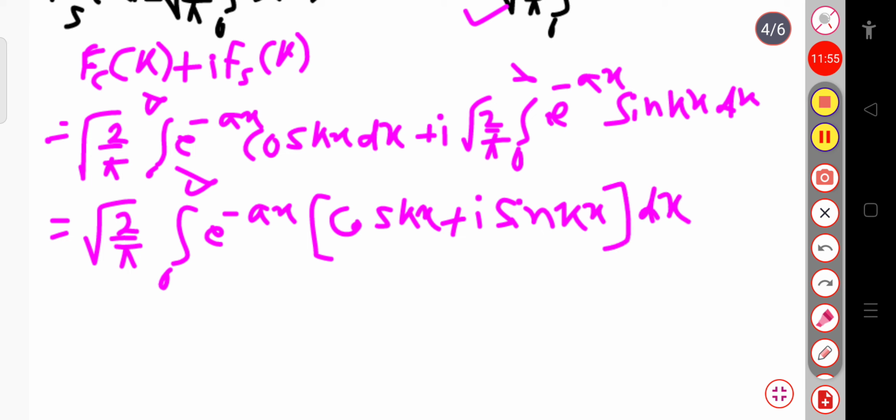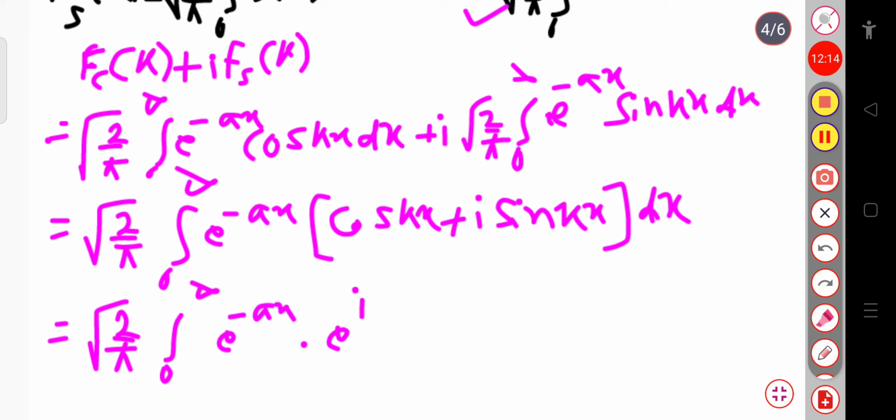So this bracketed term is nothing but exponential iota kx. So this will be equal to root over 2 by pi integration over 0 to infinity exponential minus ax into exponential iota kx into dx.